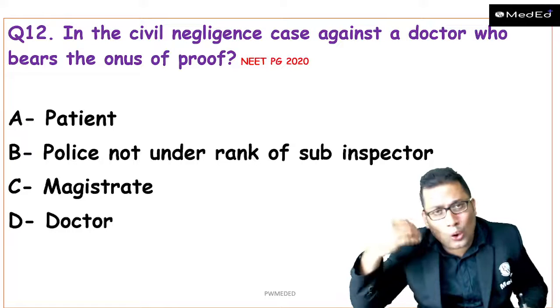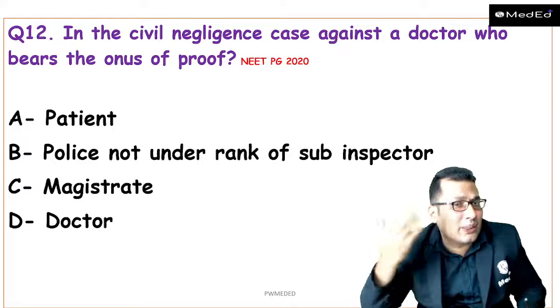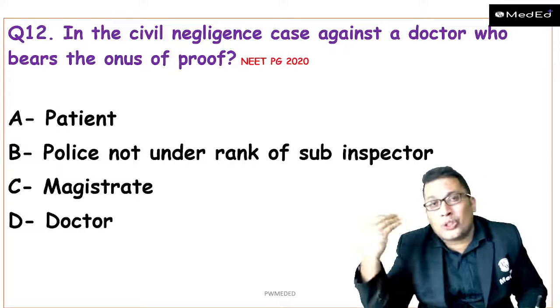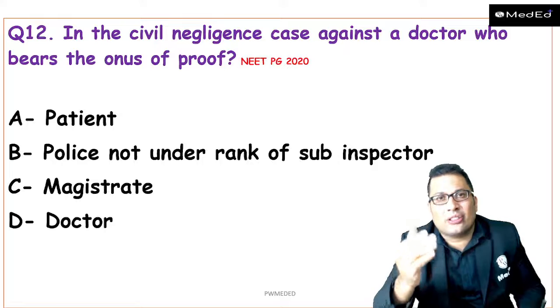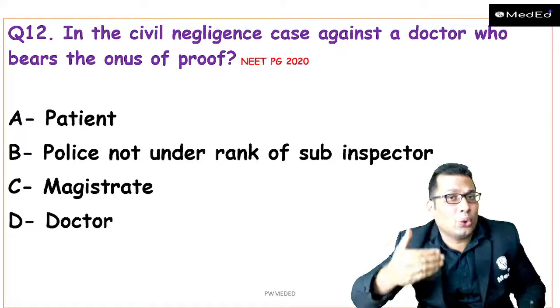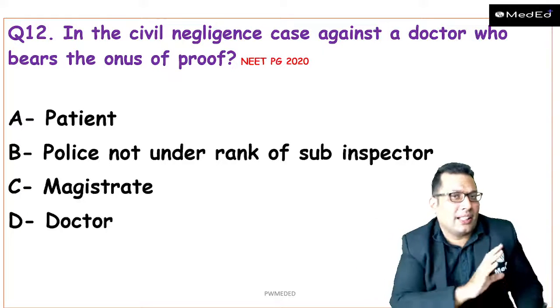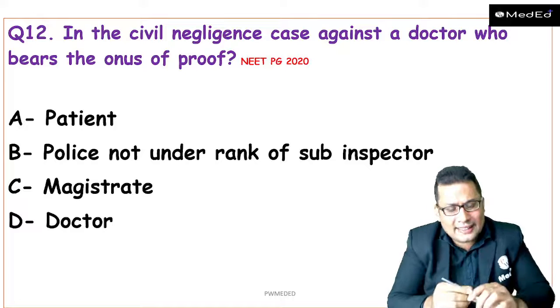Criminal negligence is gross negligence, characterized by gross absence of doctor's duty, absence of reasonable care and skill, leading to death of the person, leading to some serious injury to the patient. That is known as criminal negligence.